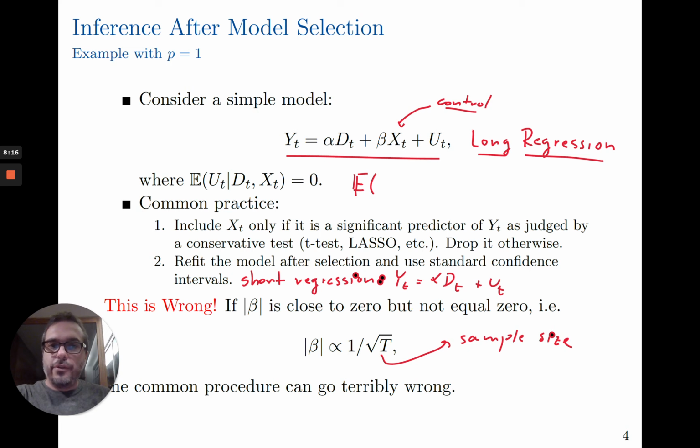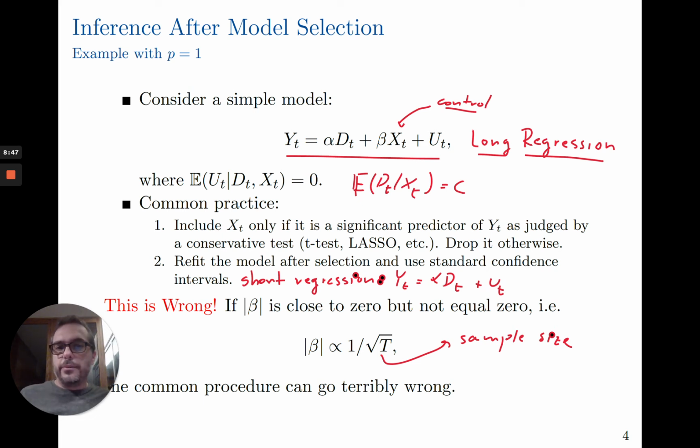If the expectation of d given x is just a constant, c, or x given d is just a constant, so they are independent in mean, then including or not x makes no difference in terms of alpha. Doesn't matter if beta equals 0 or beta is not equal to 0.